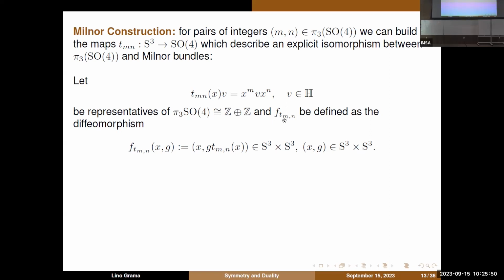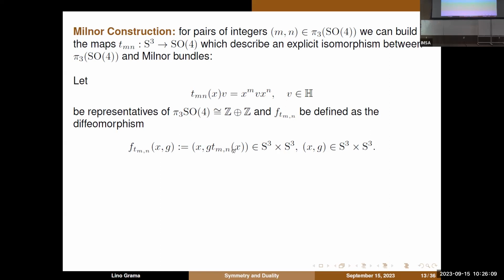We also define a function f, which is a diffeomorphism from S3 cross S3 into itself, given by the component x, and the second component an action of g on the left.